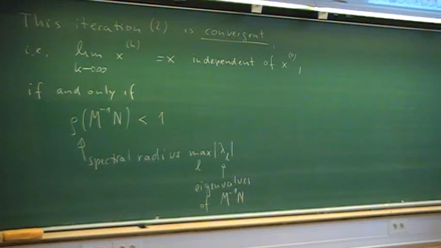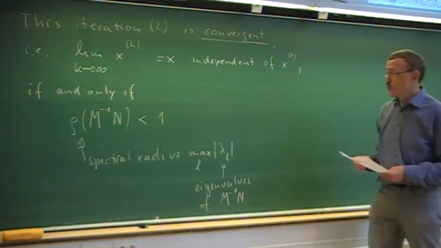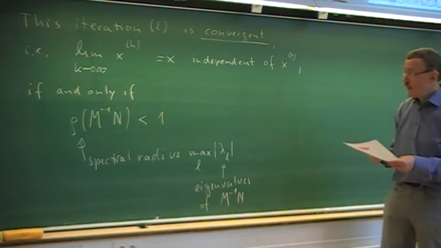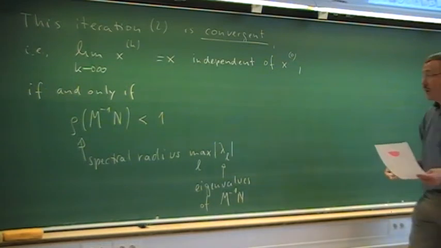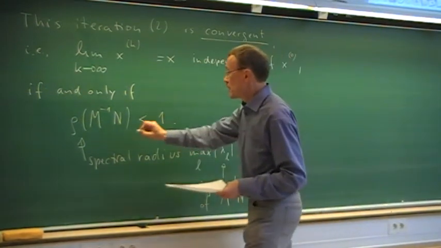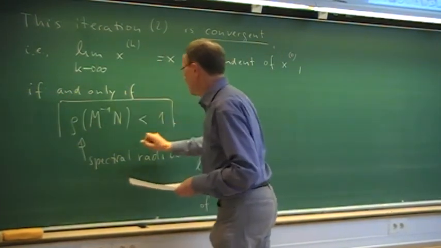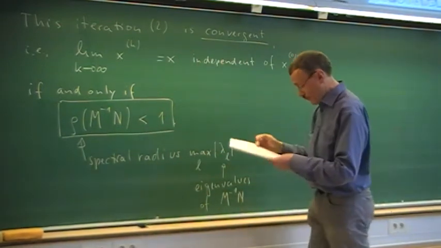So in that case, we have to determine the M inverse and determine the eigenvalues of M inverse times N. And N, that was the matrices how we distributed A. So that is something that we have to check when we do the analysis for an iterative method.